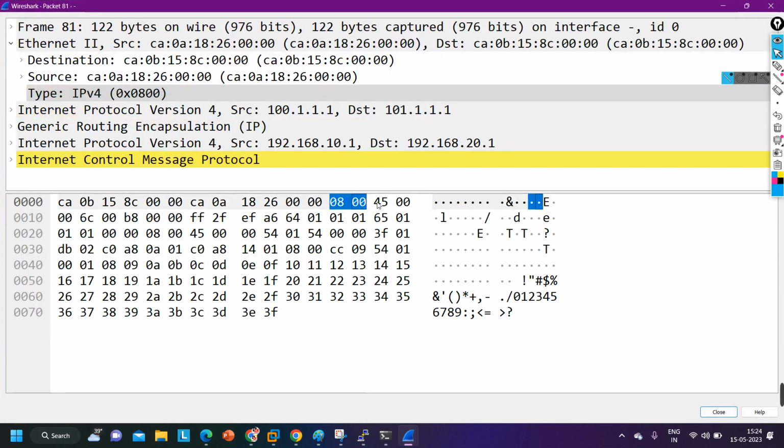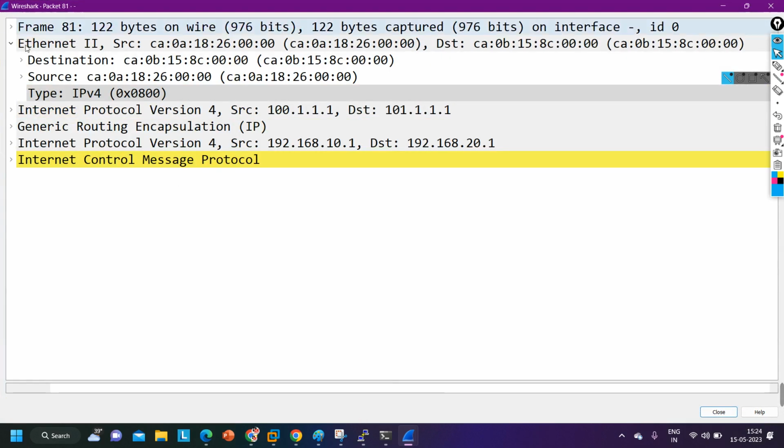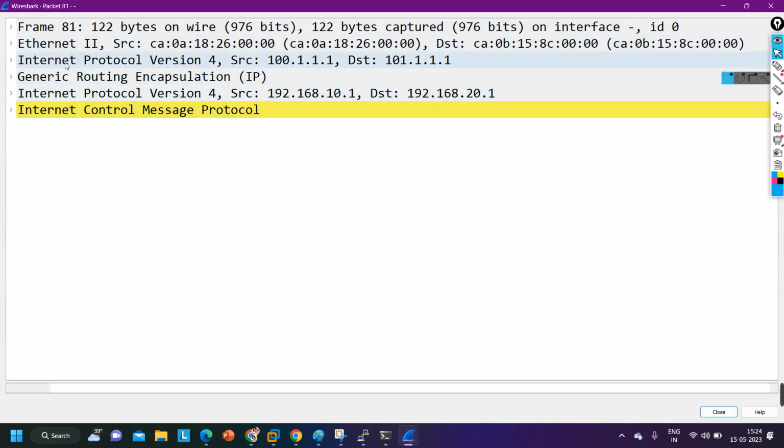How many IP headers are there? Two IP headers. One is this one, where the source IP address is 192.168.10.1 and the destination IP is 192.168.20.1. Which PC will generate the ICMP request? Correct.